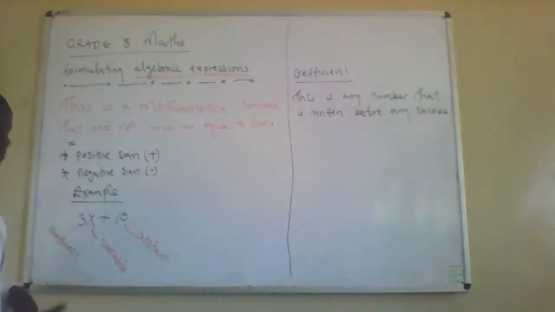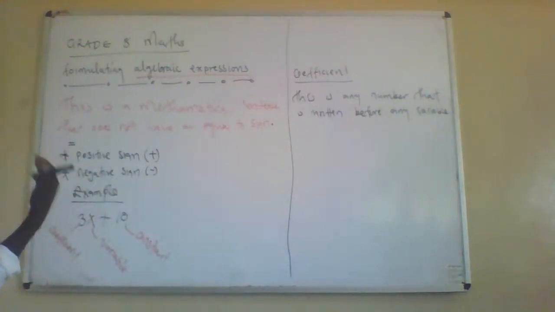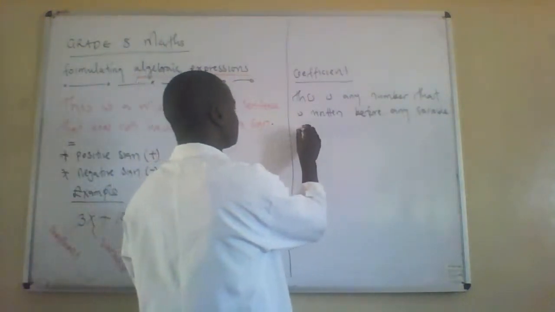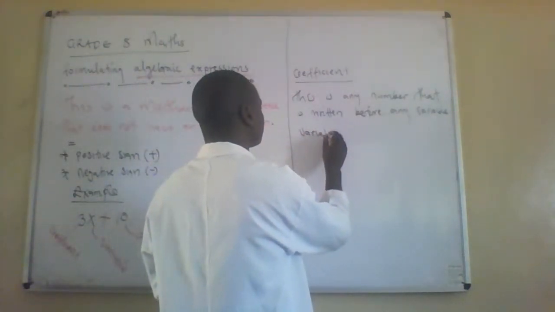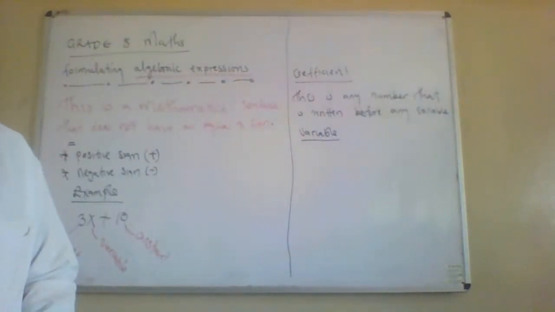The variable can be m, the variable can be l, the variable can be y, any letter of the alphabet. Now, what is a variable?